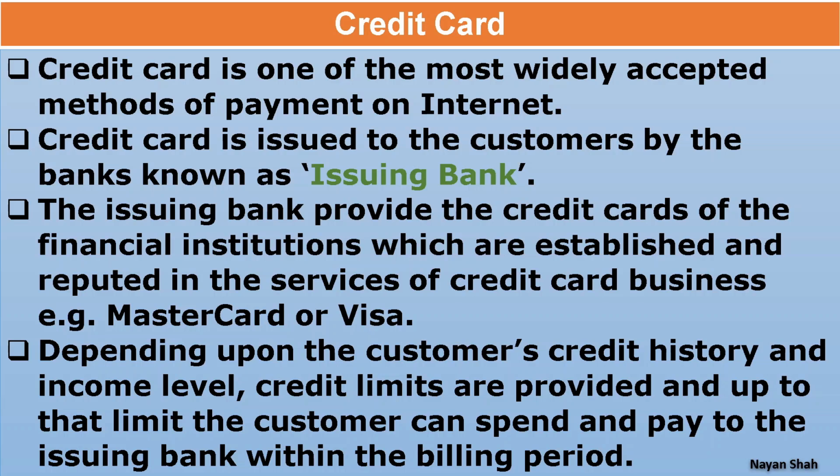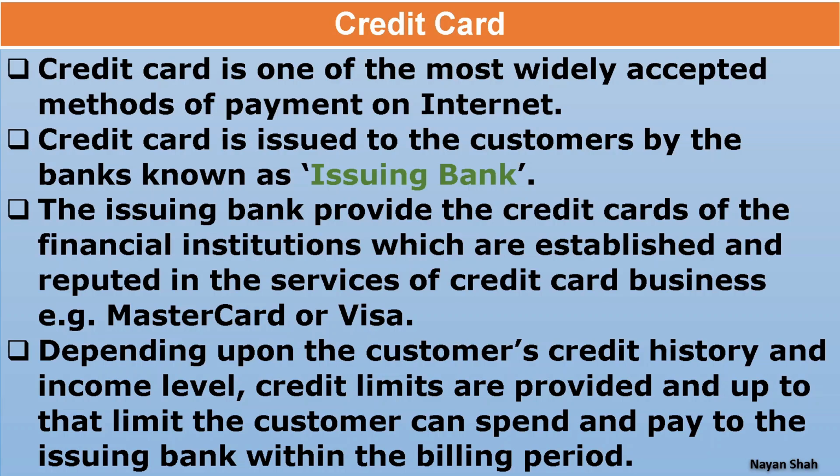The issuing bank provides the credit cards of the financial institutions which are established and reputed in the service of credit card business. So basically, Axis Bank is not in the business of credit cards. Axis Bank is only a medium. The actual credit card service is provided by either MasterCard or Visa or American Express or even RuPay. So there can be many different organizations.